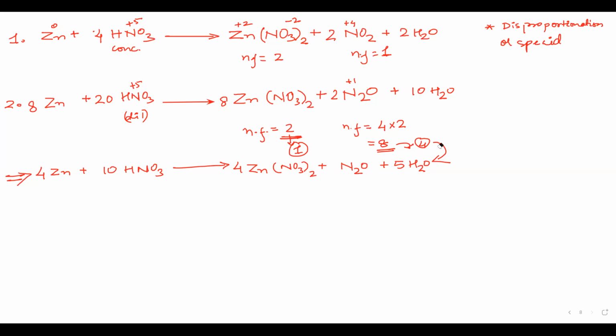Sir, in the second reaction, if we don't divide by 2 and keep the answer as 8Zn plus 20 HNO3, is it okay? It is fine, but we don't like seeing it that way. For example, if you write the formula for NaCl as Na2Cl2, empirically it is correct, but it is not the formula.